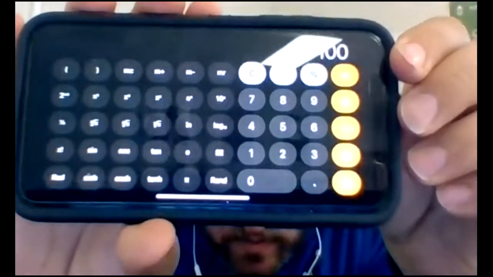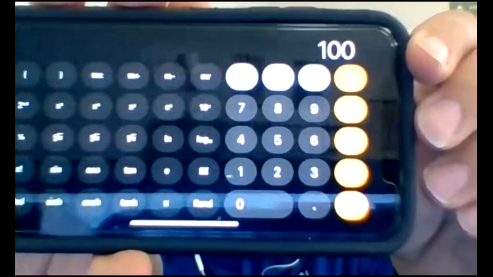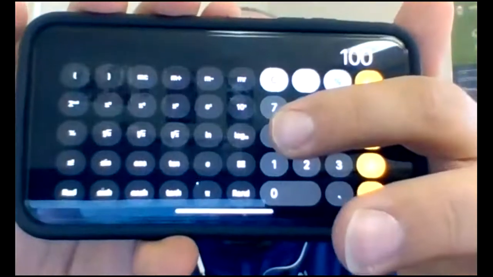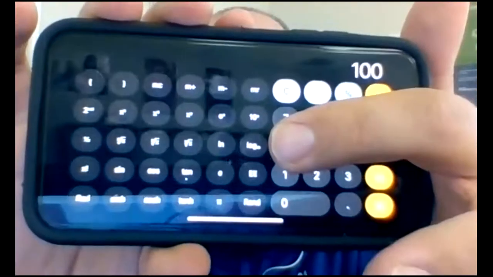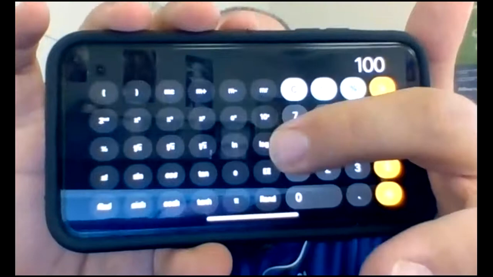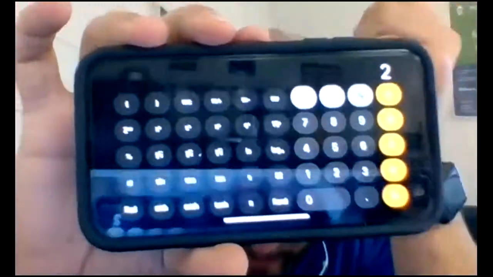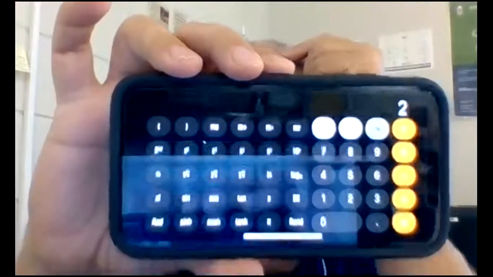It's a little blurry, I realize that, but next to the 4 is log base 10. The natural log, which we'll talk about in a second, is next to that. So I'm going to hit log base 10, and it gives me 2. So there we go for that.